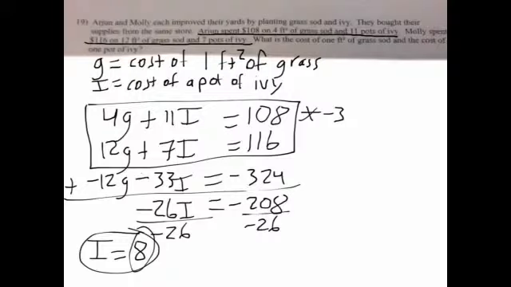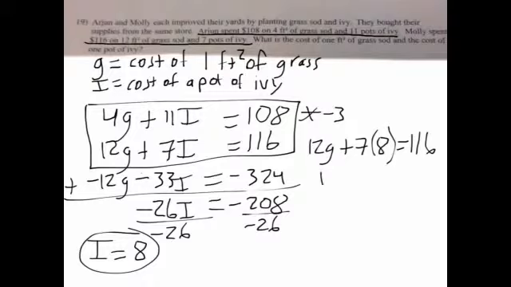And once you have that, you can take that number and put it into one of your equations. I'm going to put it into the second one. So I got 12G plus 7 times the 8 gives me 116. 7 times 8 is 56.